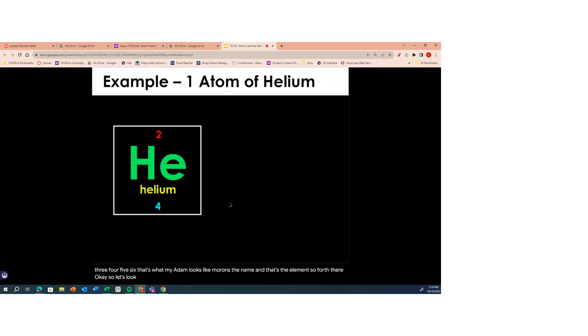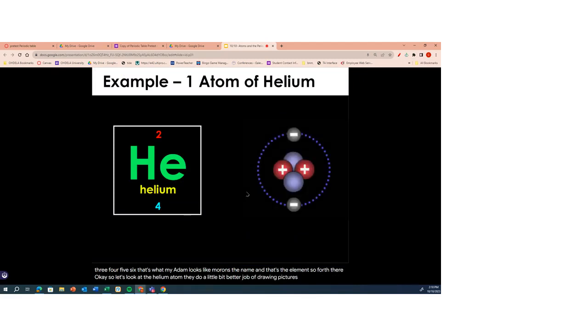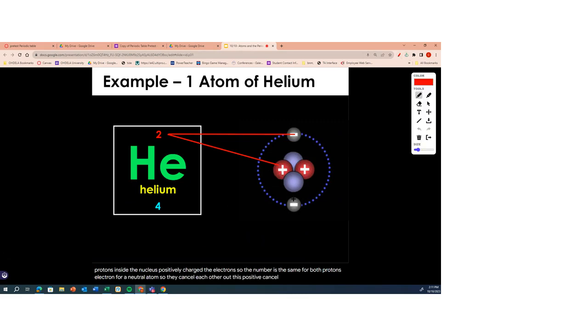Okay, so let's look at a helium atom. They do a little bit better job of drawing pictures here. So the protons are inside the nucleus, positively charged. The electrons, the number's the same for both protons and electrons in a neutral atom. So they cancel each other out. This positive cancels out this negative.